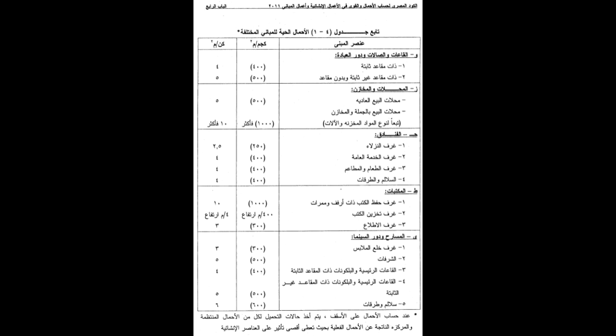If the chairs are not fixed, the load is 500 kilogram per square meter. For commercial buildings, malls or shops, the live load is 500 kilogram per square meter.